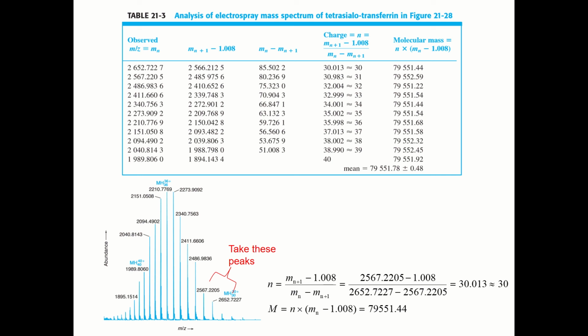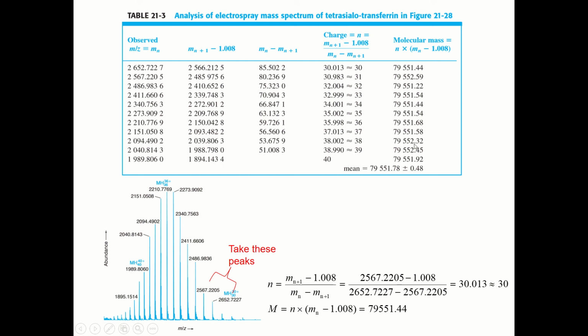For the next one, you do the same calculation and you get 32 protons, like that. Using this formula, you get the molecular weight here. The molecular weights are almost the same, within the experimental error.